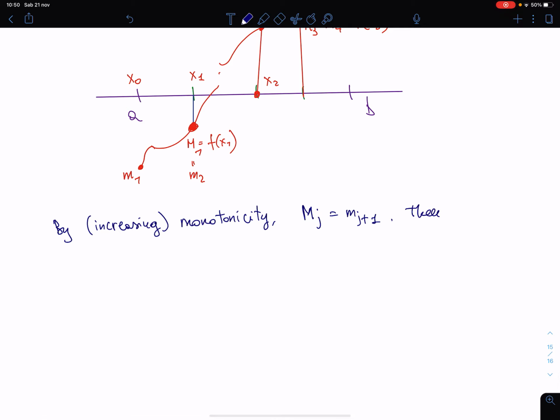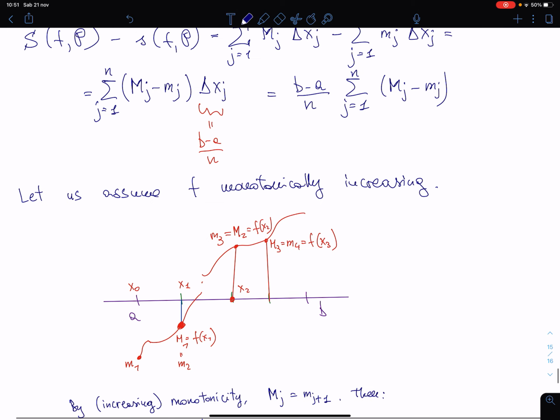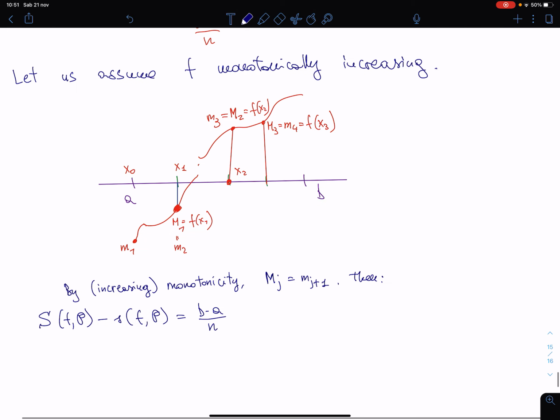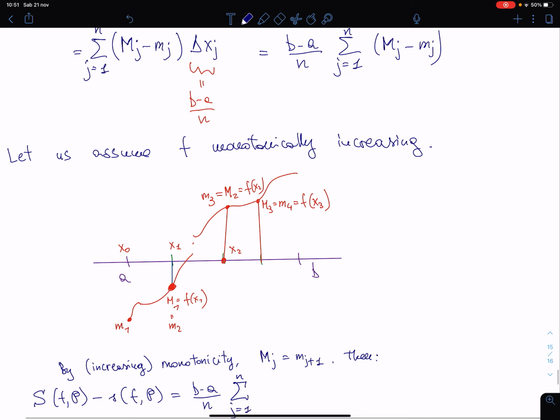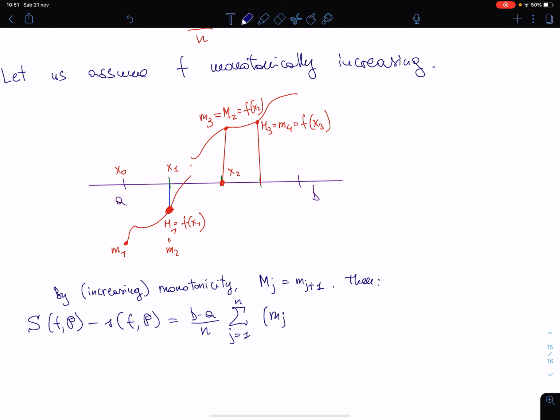Then the difference between the upper sum related to the partition P minus the lower sum related to the same partition P is equal to b minus a divided by n, and then we have the sum for j from 1 to n, and here you have capital Mj, you can say small mj plus 1 minus mj.